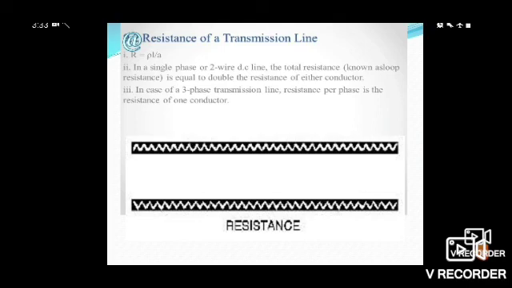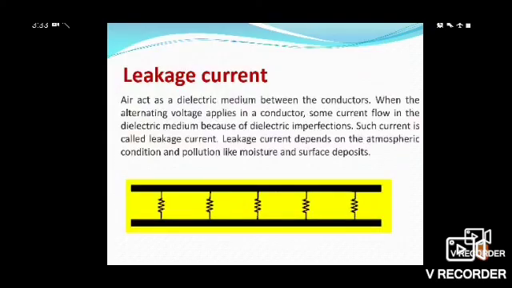That is the difference: in single phase the resistance is double that of either conductor, but in three phase the resistance per phase is the resistance of one conductor only.